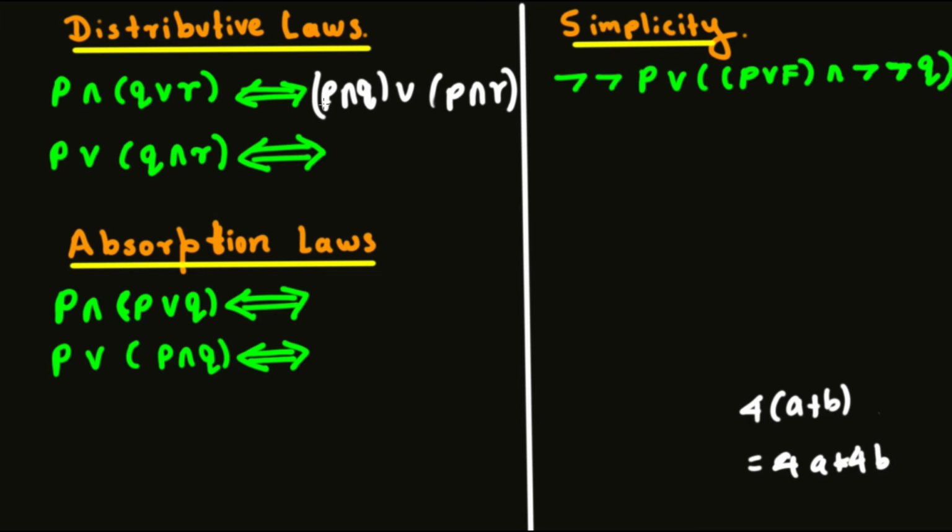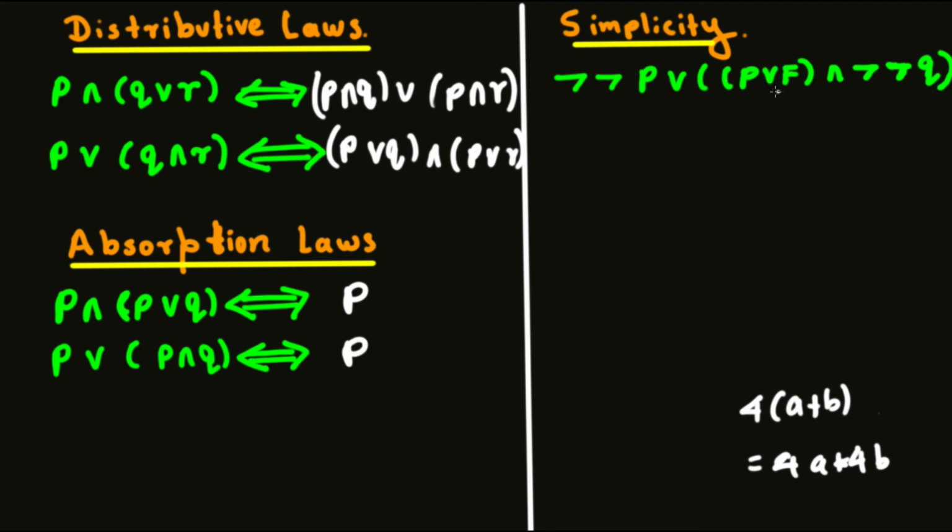If you notice this pattern, it's similar to that, right? And this one is also the same thing. When we have P or (Q and R), this can be written as (P or Q) and (P or R). Okay, these are the distributive laws. The next thing is absorption laws. Absorption law says when we have P and (P or Q), that is equal to P, and when we have P or (P and Q), that's also equal to P.